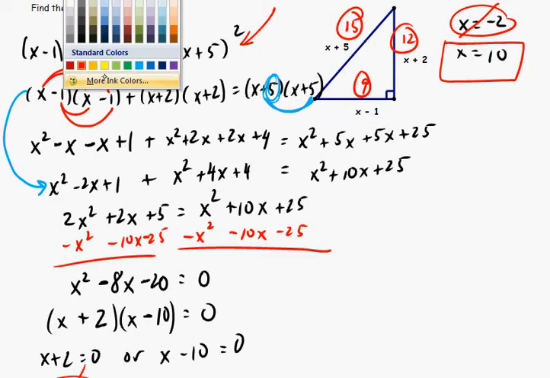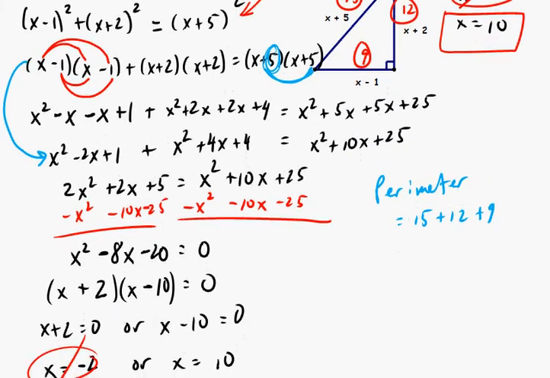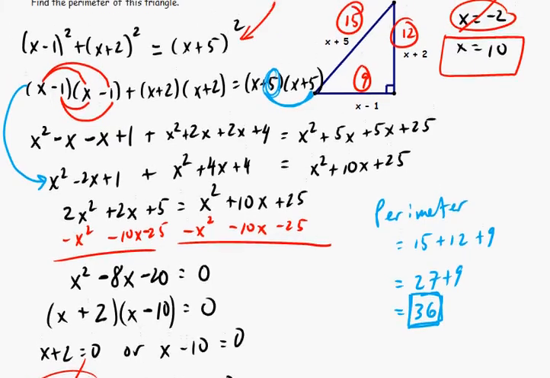So, for our final answer, the perimeter would equal 15 plus 12 plus 9. 15 plus 12 is 27. 27 plus 9 is 36. So our final answer, which is the perimeter of the triangle, is 36.